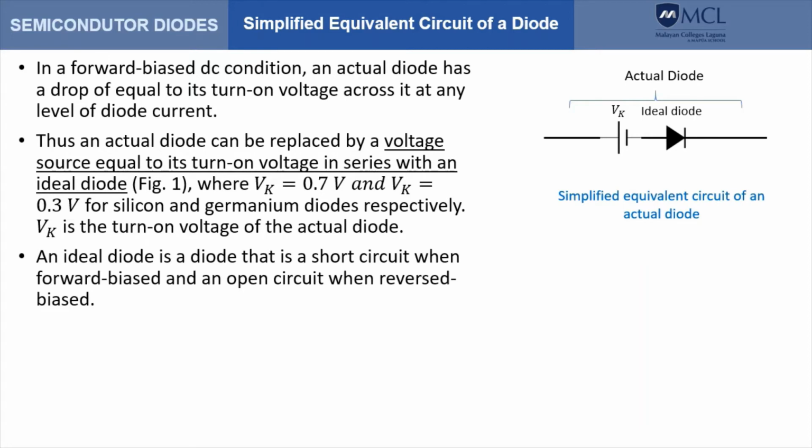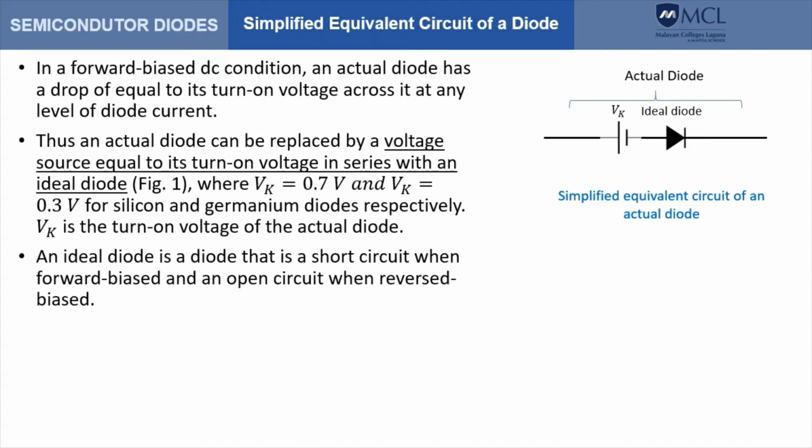In the analysis of circuits involving diodes, it is sometimes convenient to replace the actual diode with an equivalent circuit for that diode. There are three categories of equivalent circuits of a diode.